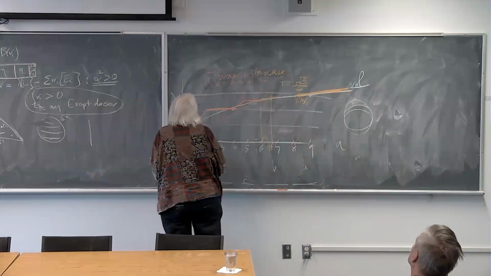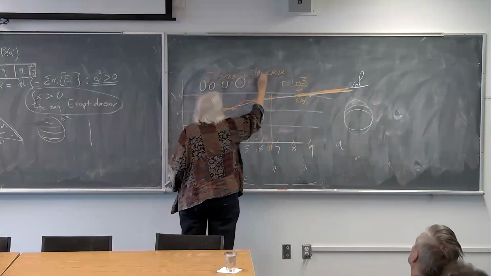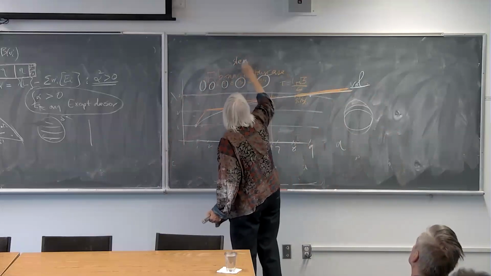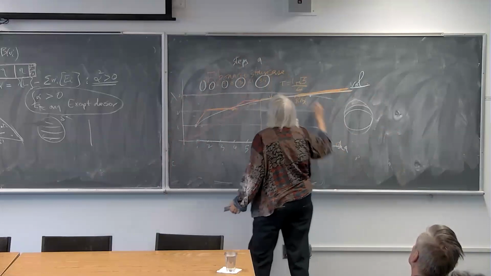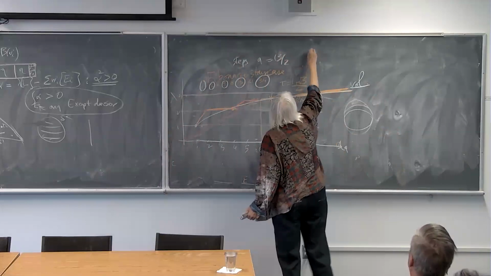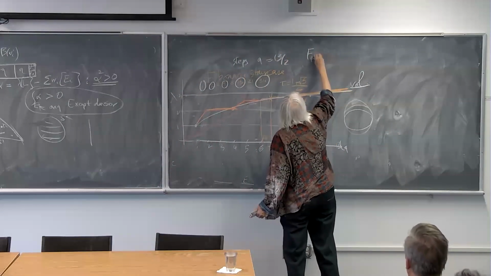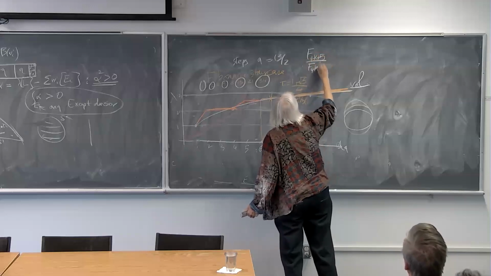You take the ones in the odd places, and then the steps are at A, where A is on this axis. A is equal to like 13/2. It's a Fibonacci number of the form F_{4k+5} over F_{4k+1}.